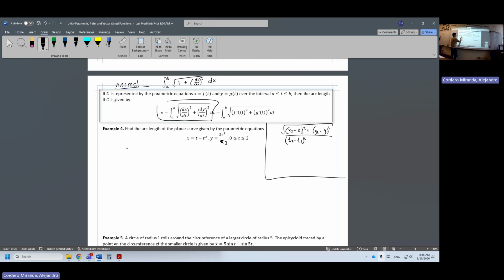And then, like I said, now I just got to do it. Let me find what dx dt is. Let me find what dy dt is. And then put those into the integral, and I'm done.